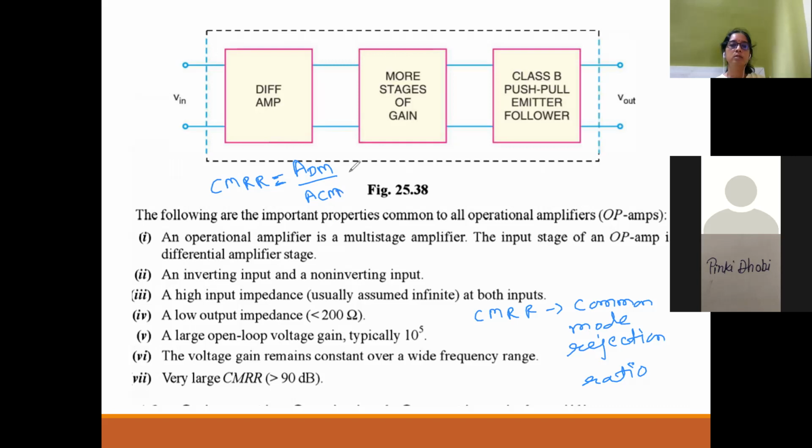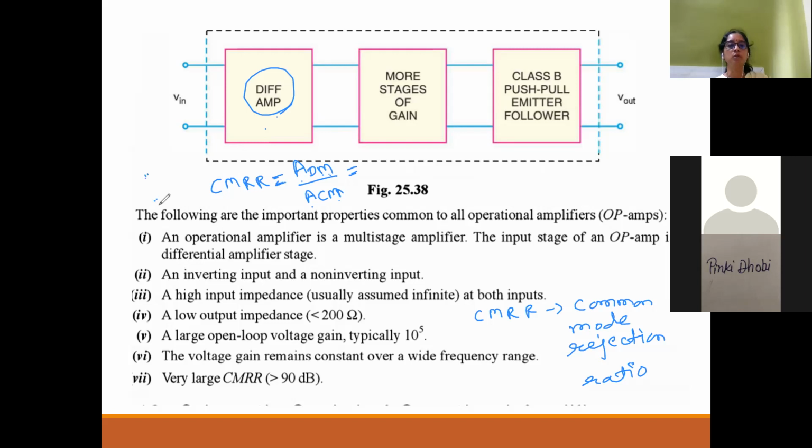I will discuss with the help of a differential amplifier circuit. Now, a differential amplifier circuit has two inputs and two outputs. Okay. So differential mode means it has two inputs and two outputs. That configuration is called differential mode gain. And common mode gain means it has two inputs which are common.